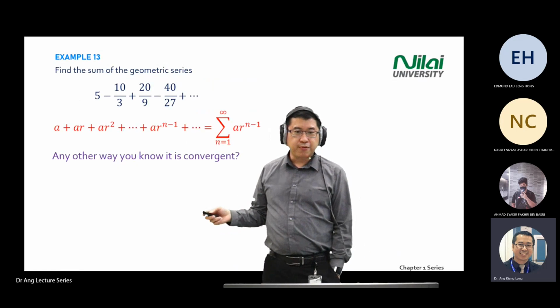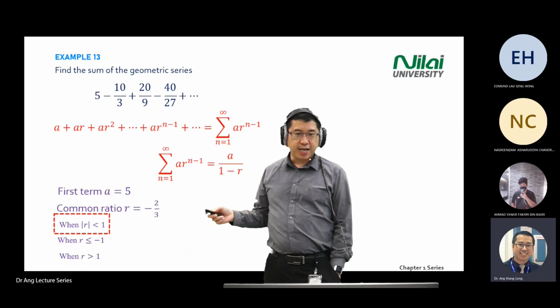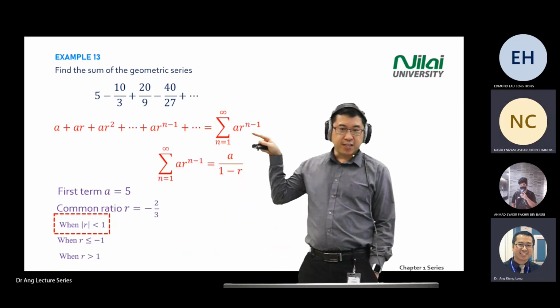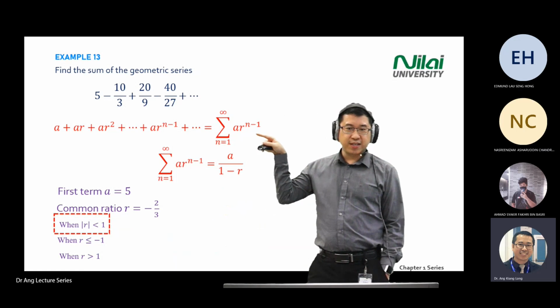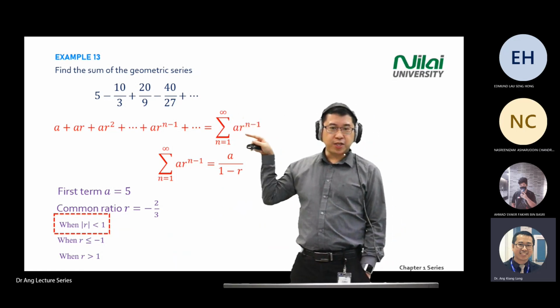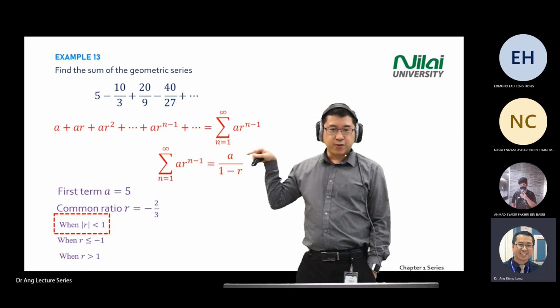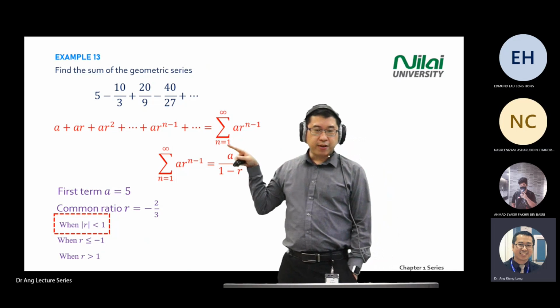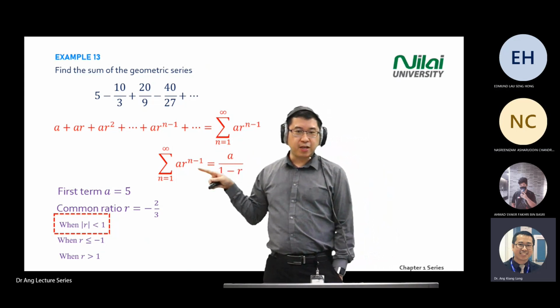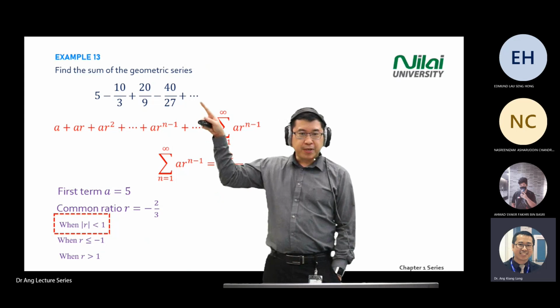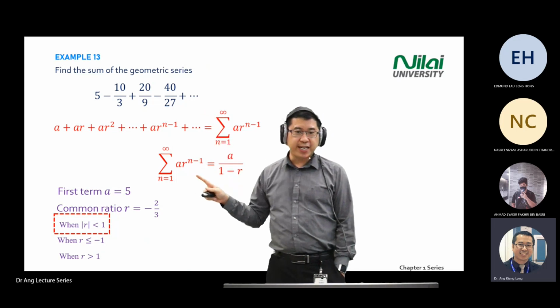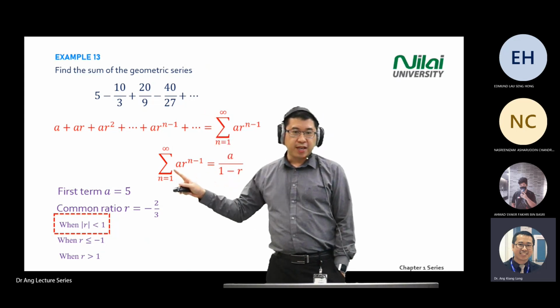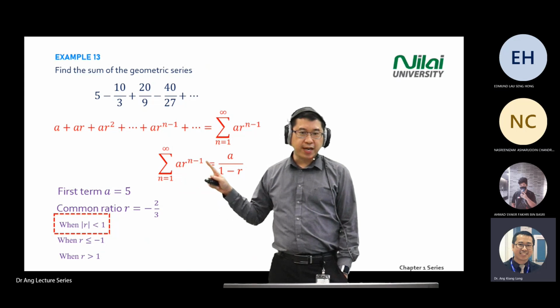Okay, let me flip to the slides. This is the geometric equation. If you have a geometric equation or data, you can use this one and this one. If you are able to write the pattern of the numbers or the equation, you can rewrite them in this pattern, AR power n minus 1.